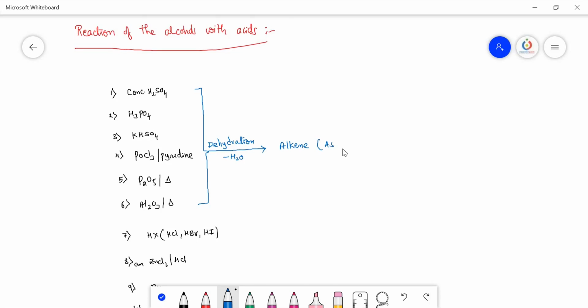This alkene also, as per Saytzeff rule, or it is also called the Zaitsev rule. What is Saytzeff rule? A more substituted alkene is the major product. The more substituted alkene is the stable and major product.